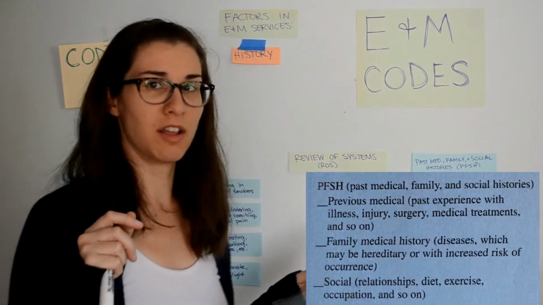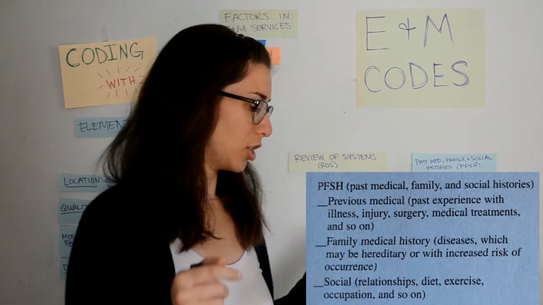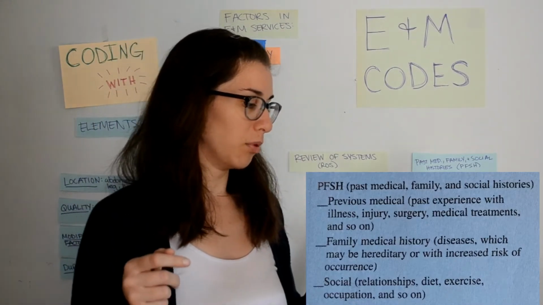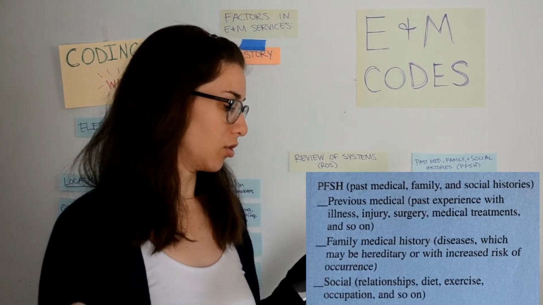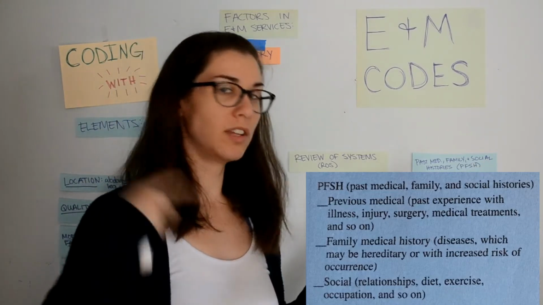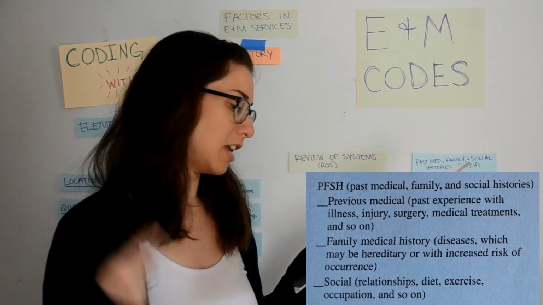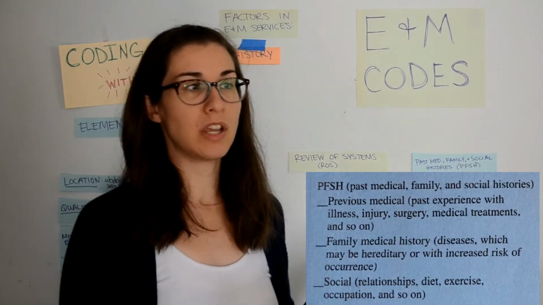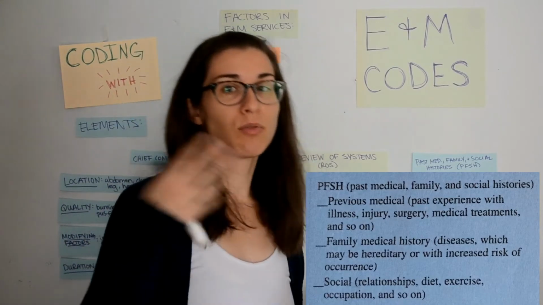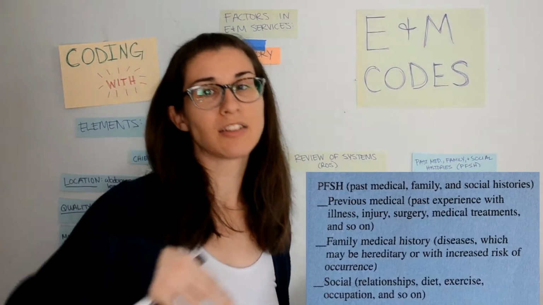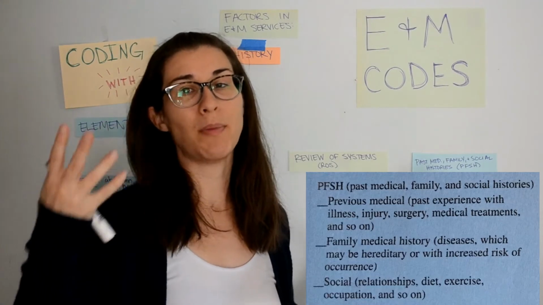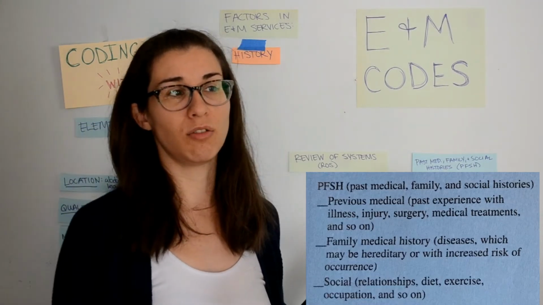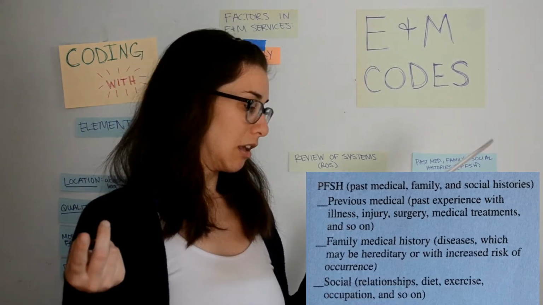So that is where the doctor asks the patient about any previous medical histories, either with illness, injury, surgery, medications, medical treatments, etc. The family history, does diabetes run in the family, or certain cancers, other illnesses that might be hereditary that continually run through your family.